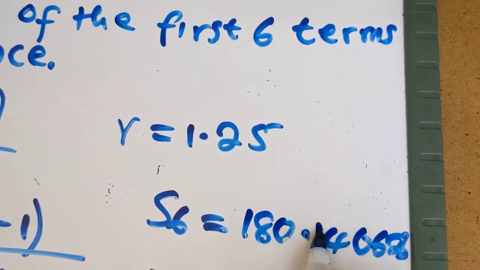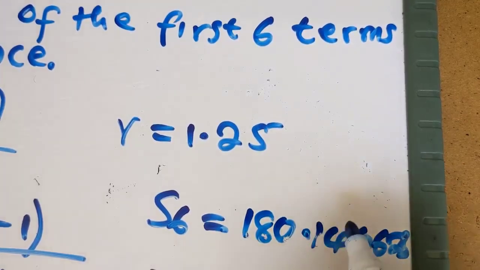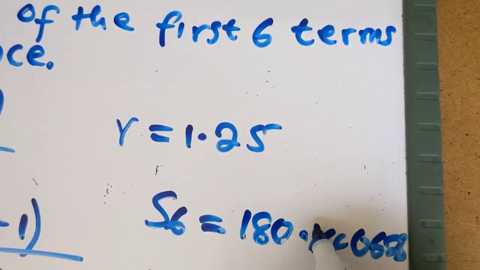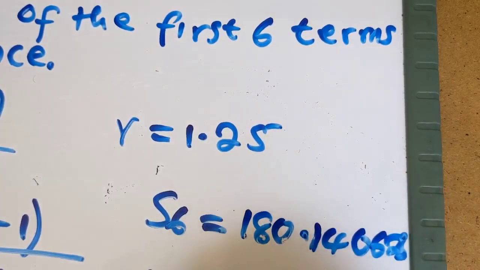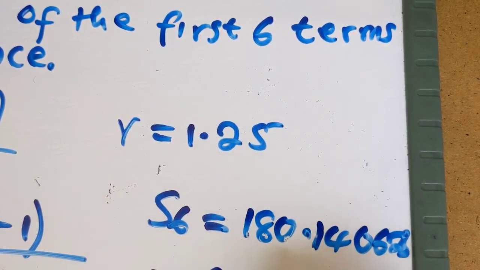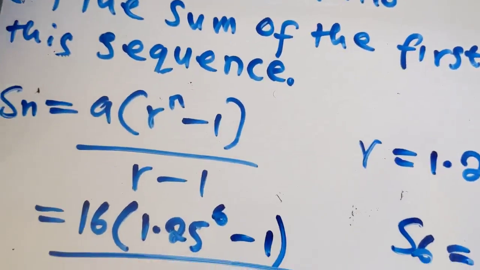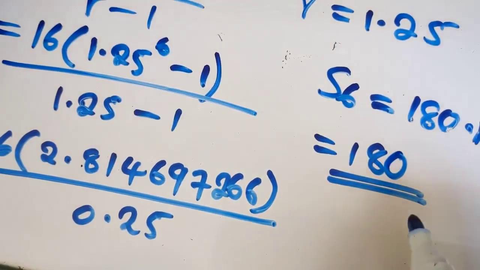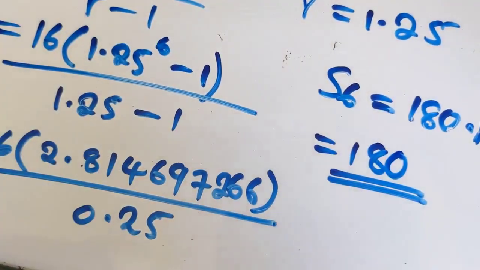If the next digit is 5 or greater, starting from 5 going up, you add 1 to this one. But it is not, so you write it as 180. This is the answer right there. That is how you find this question.